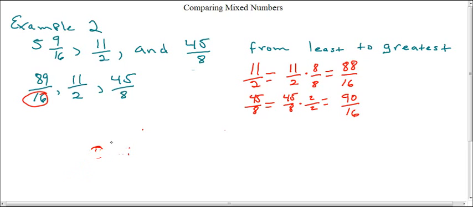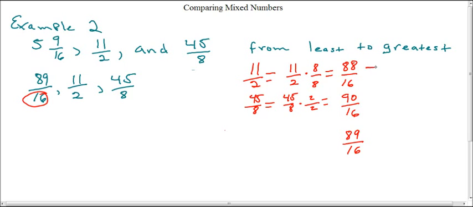So now all we have to do is literally set them up and compare them. Really hope you guys are taking these notes, because we will definitely review them by way of a test. So let's take a good look. So now we have 5 and 9/16, which is 89 over 16. And we're just going to simply compare our numerators, and they say from least to greatest.